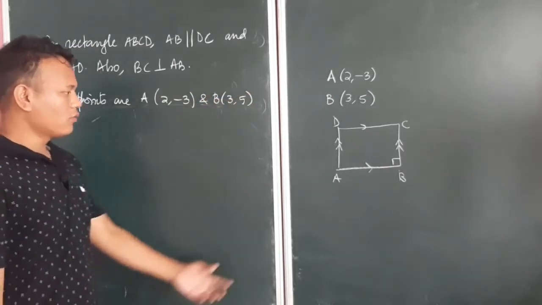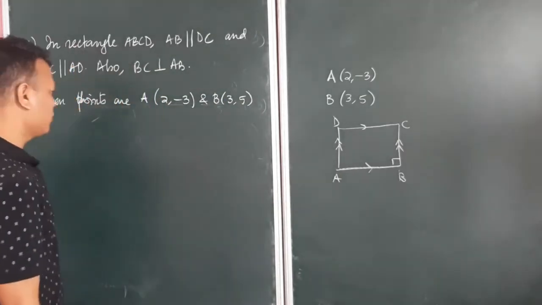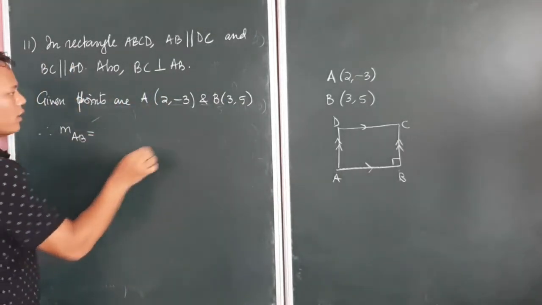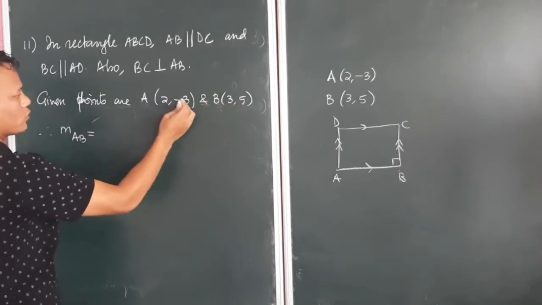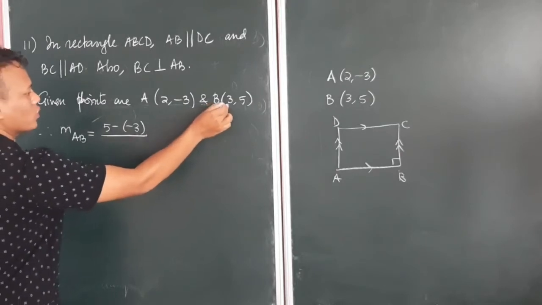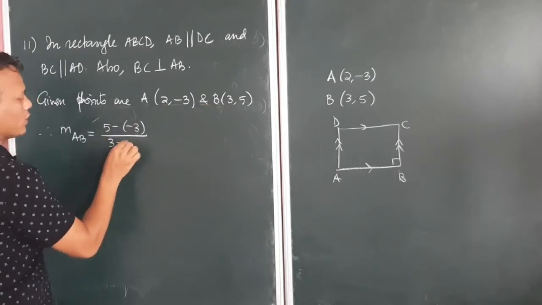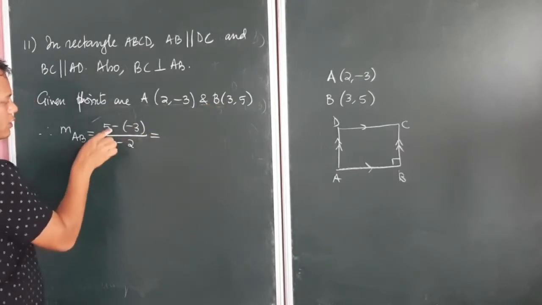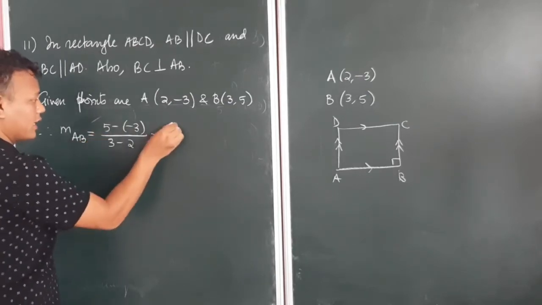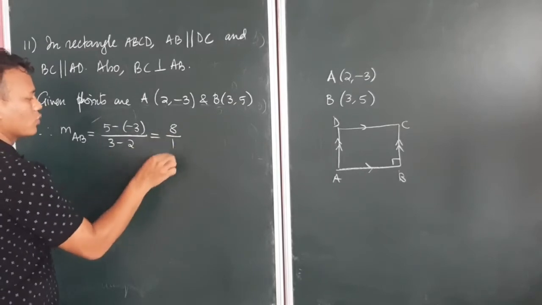Okay, so let us find what is the slope of AB. Therefore slope of AB will be equal to y2 minus y1, so 5 minus of minus 3, divided by x2, that is 3, minus x1. Let us quickly calculate this. 5 minus into minus is plus, so 5 plus 3 is 8, by 3 minus 2 is 1.